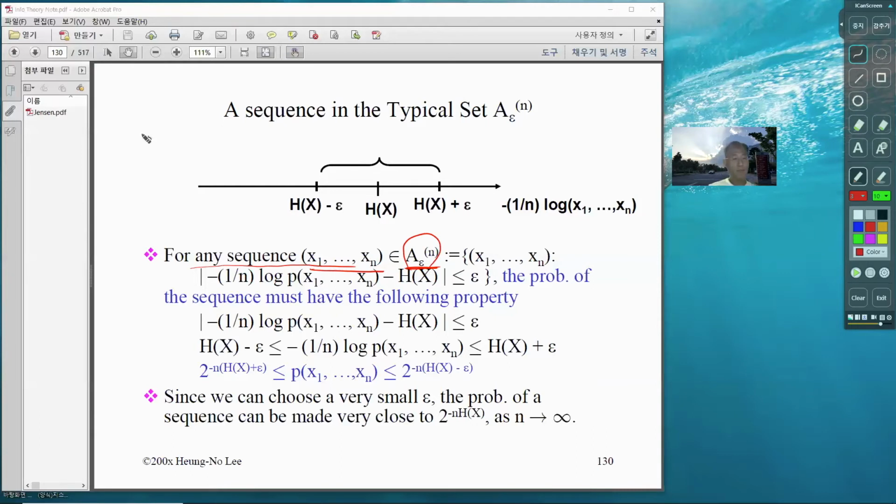Remember that this is for any epsilon greater than 0. We have to talk about this, so it is depending upon epsilon. If you choose epsilon to be very small, convergence occurs with very large n, right? So this typical set should be parameterized by epsilon and n.